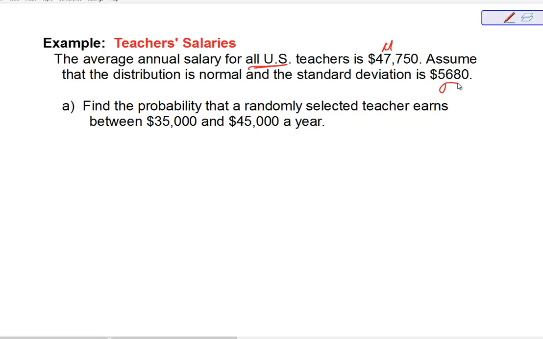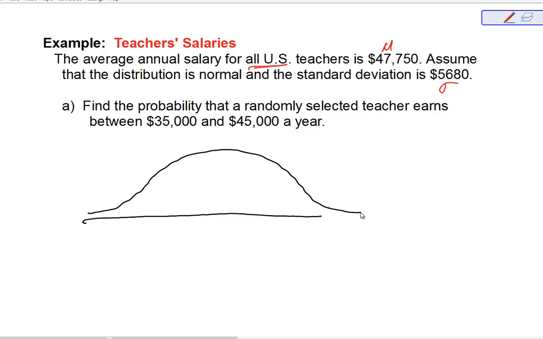So we already know some information. We want to first start by drawing our standard normal curve. And when we do, we notice that it gives us our mean as being $47,750.